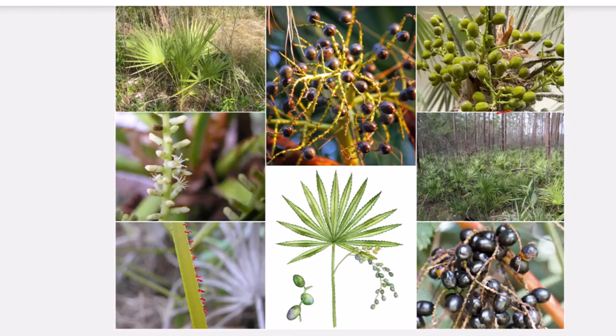While it does have a trunk, it is short and small, and it's mostly these fans. You can see in this picture on the right that saw palmetto does tend to grow in little groves. I believe this picture is from Florida, from the Everglades. Saw palmetto is native to the southern US, all the way from Southern California to the Florida Everglades. I've seen pictures also of plants from Georgia.